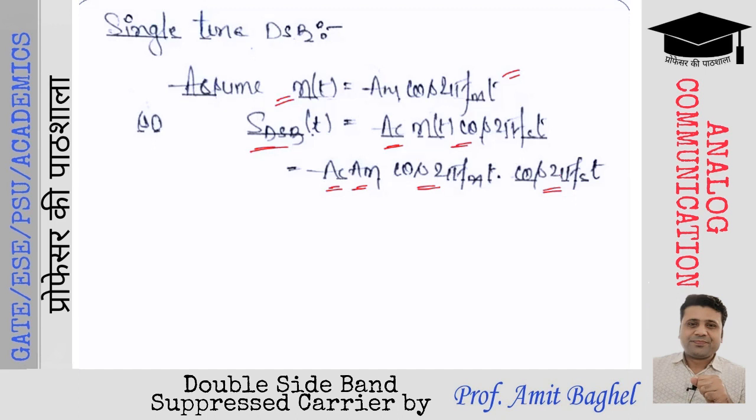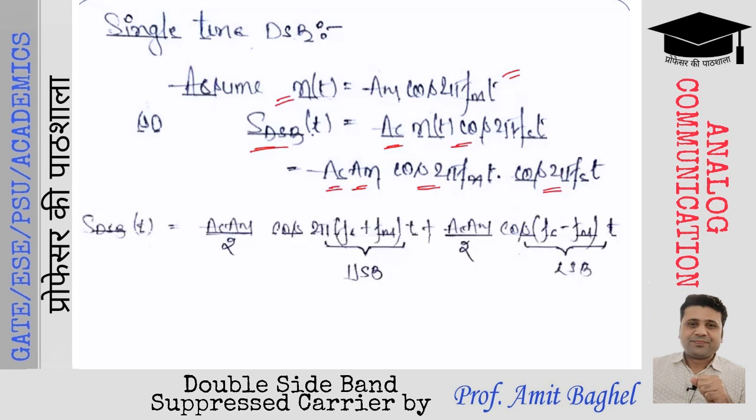Now we will make it simple by applying the formula, which is 2 cos A cos B equals cos of (A plus B) plus cos of (A minus B). Hence, when I apply this in the same expression, s_DSB(t) can be written as Ac Am by 2 cos of 2π (fc plus fm) t plus Ac Am by 2 cos of 2π (fc minus fm) t.